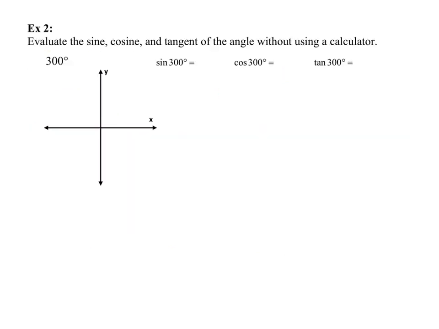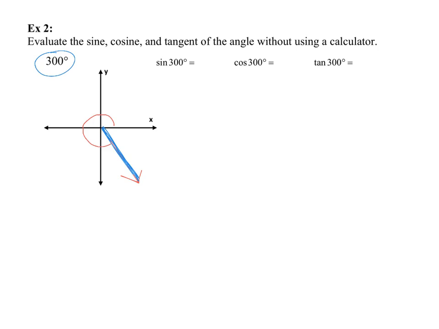Now bringing some of the ideas together, let's do what we did before. I'm going to rotate 300 degrees. So 90, 180, 270, 300. From there, I'm going to form a triangle. From this terminal side, I'm going to draw a line that goes towards the x-axis.